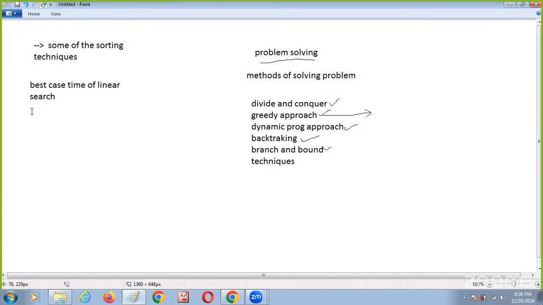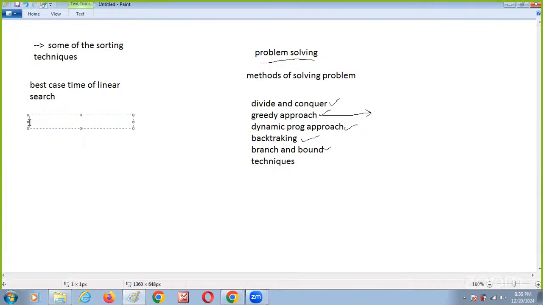Can anyone please tell me? Answer, Sivalandi. What is the best case time complexity of linear search? And what is the best case time complexity of binary search? Or you tell me the worst case time complexity?